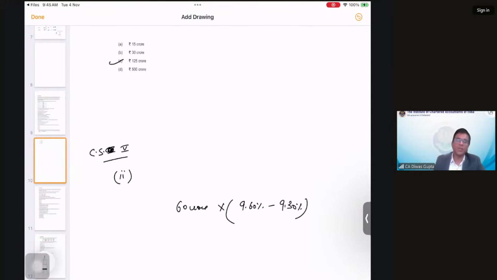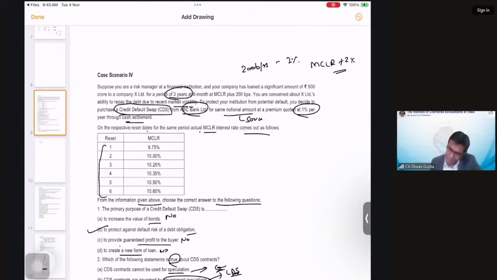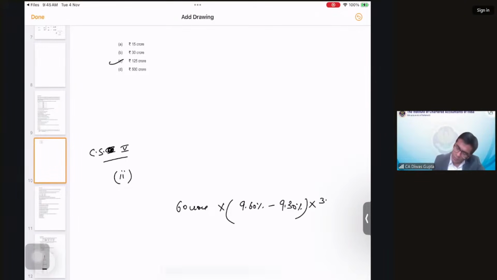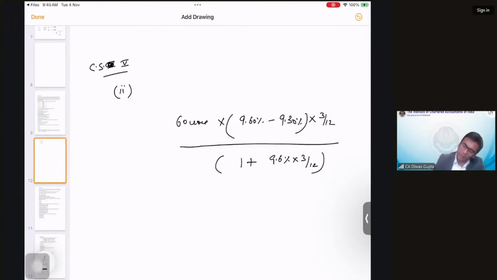This is going to be for 3 months, right? So 3 by 12, whole divided by 1 plus 9.6% into 3 by 12. This is going to be the payout, right?